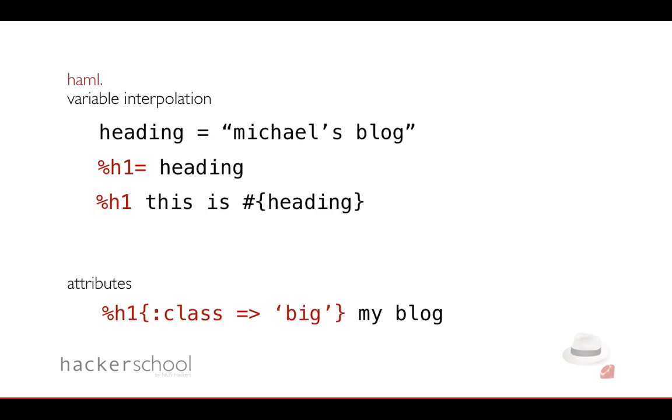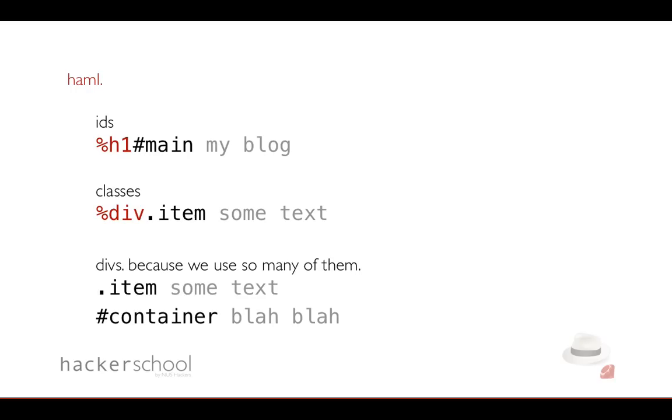And then for attributes, the way we do it is we pass a hash into the tag like this. And you see symbols here again. So the keys are symbols of whatever attributes you want to set, and then you just pass it in. If you know HTML, this should be super obvious what's happening. Okay, a few more rules.